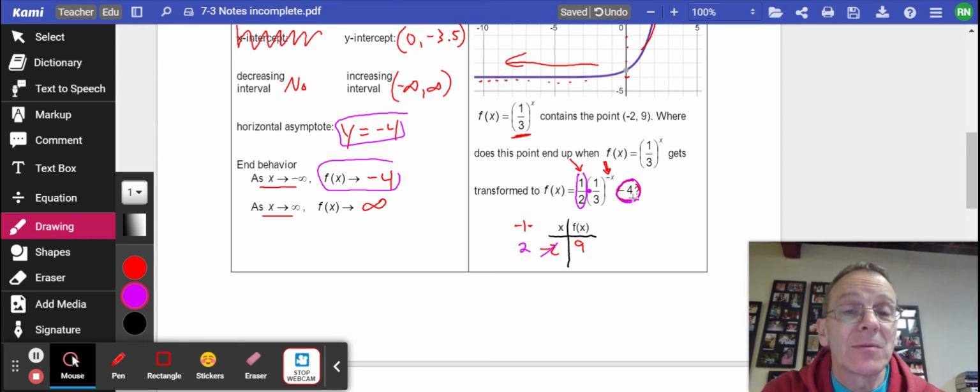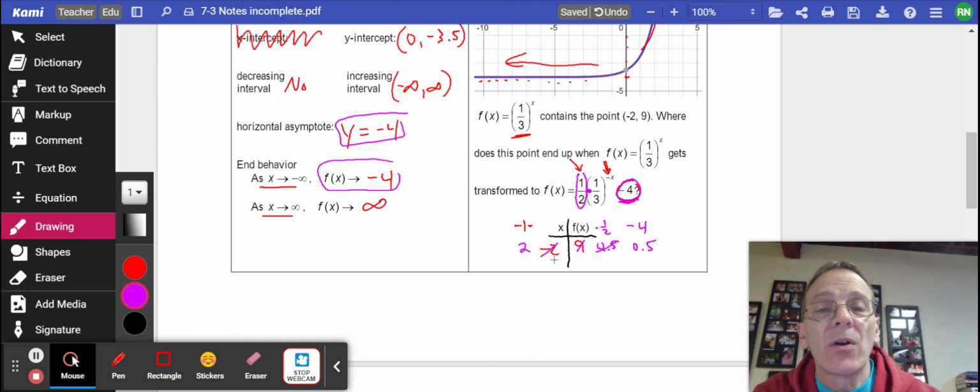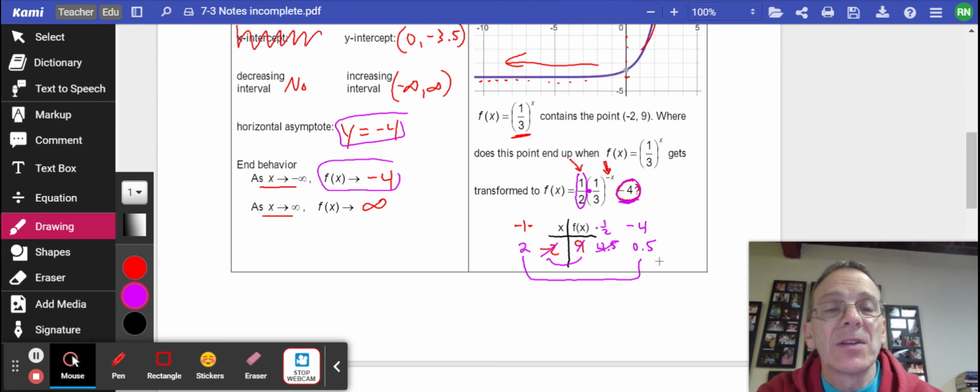It's the multiplication, right? So we're going to multiply this y value times 1/2. 9 times 1/2 is 4.5. And then we're going to subtract the 4. 4.5 minus 4 is 0.5. So our original point, -2, 9, ends up at the location 2, 0.5.